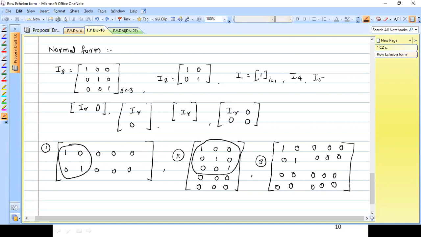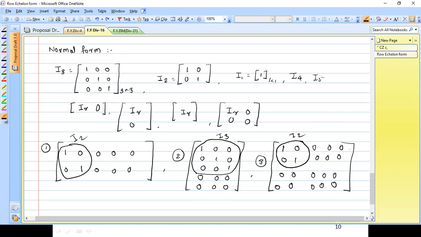Tell me now, what is the rank? 2. Sir, 2. Why 2? Because of the identity matrices I_r: here I am getting I2, here I am getting I3, here again I2, and whatever the rest, everything is 0. That's why we call it a 0 matrix.